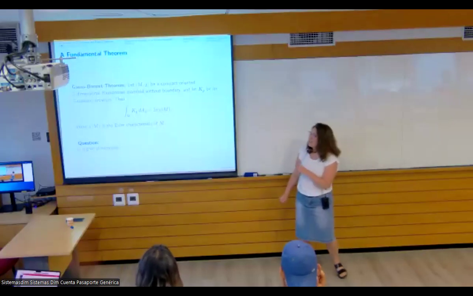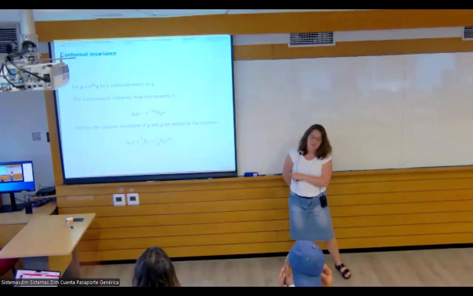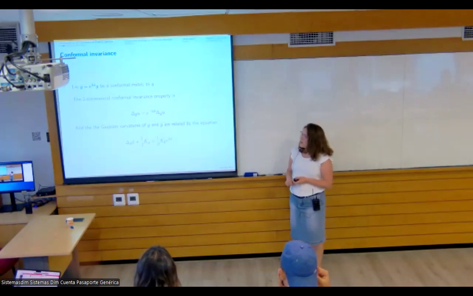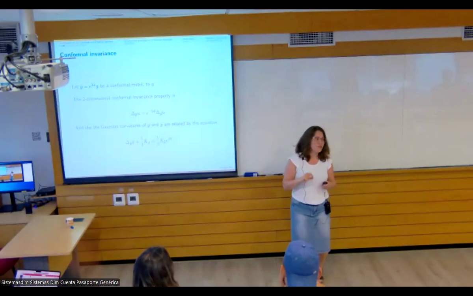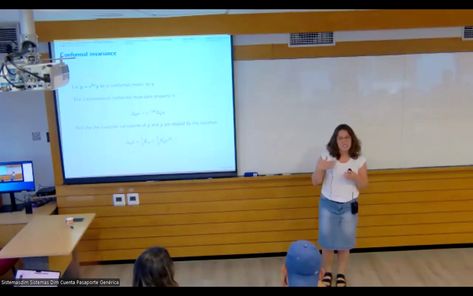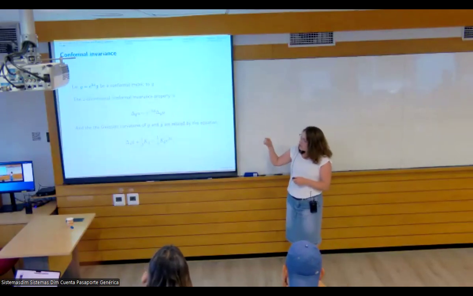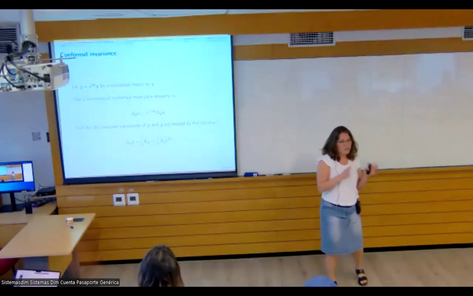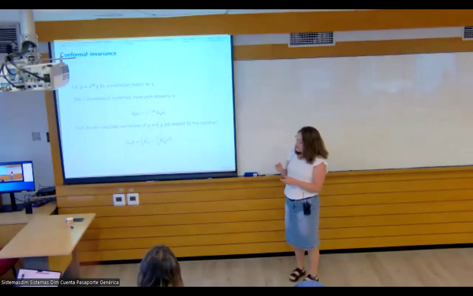But before going to higher dimensions, I would like to show you some properties that the Gaussian curvature has. First, I will show you how it looks when we change the metric conformally. A conformal metric to g is given by g tilde, a positive function multiplied by the metric g, and it satisfies this relation.